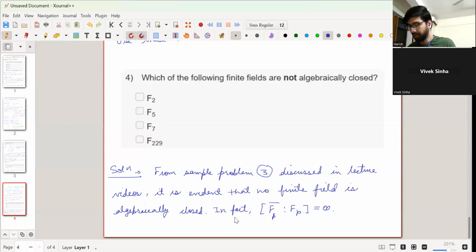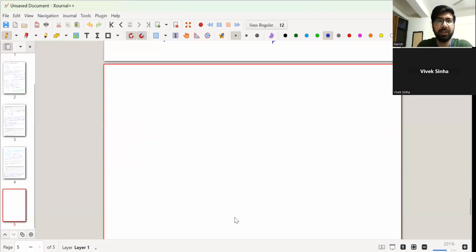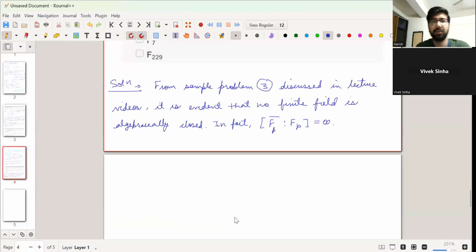So the idea in the sample problem is, for any p, F_p closure contains fields which have degree p raised to n. So that was for any prime p. Ultimately it will give you p raised to n also, and any finite field has cardinality p raised to n.